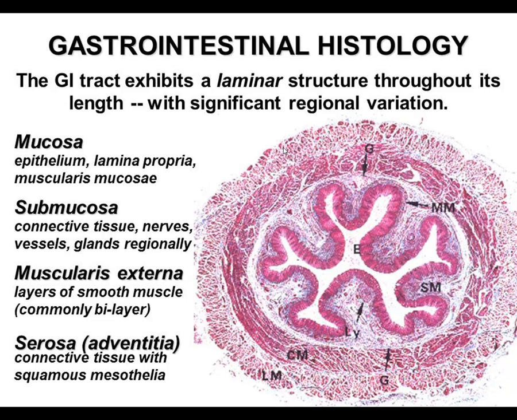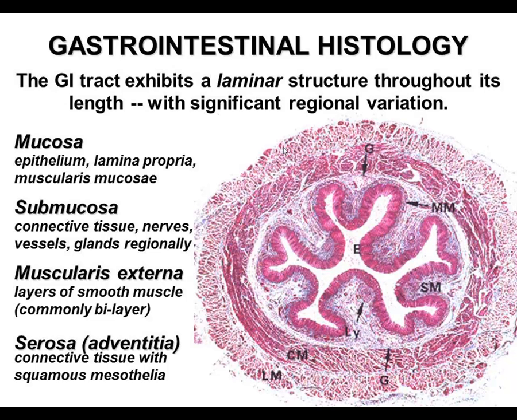A third exception would be the GI tract at the very end, in the large intestine. The longitudinal fibers are not a continuous layer. It is broken into straps, and we call those 3 straps teniae coli, if you remember.